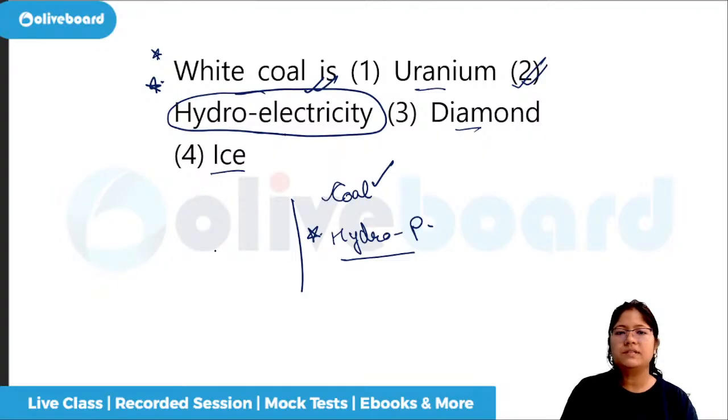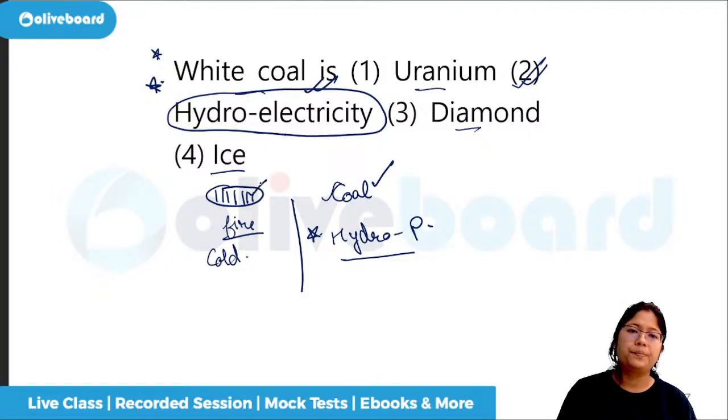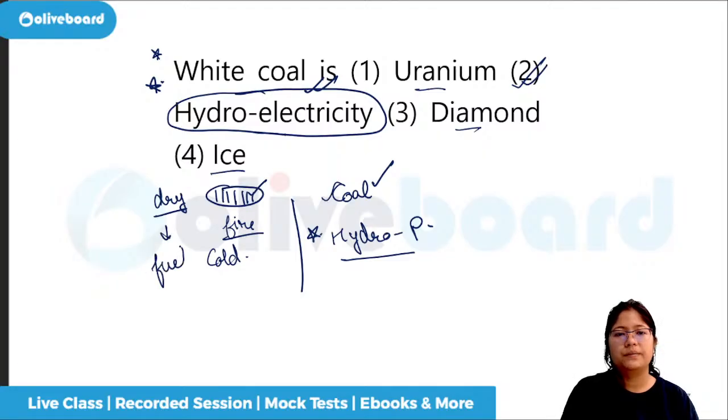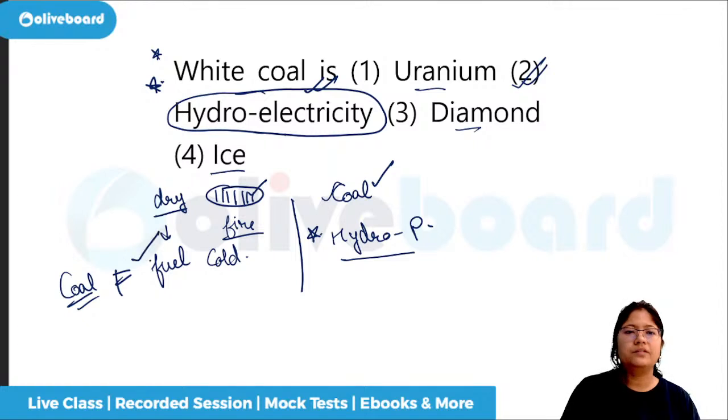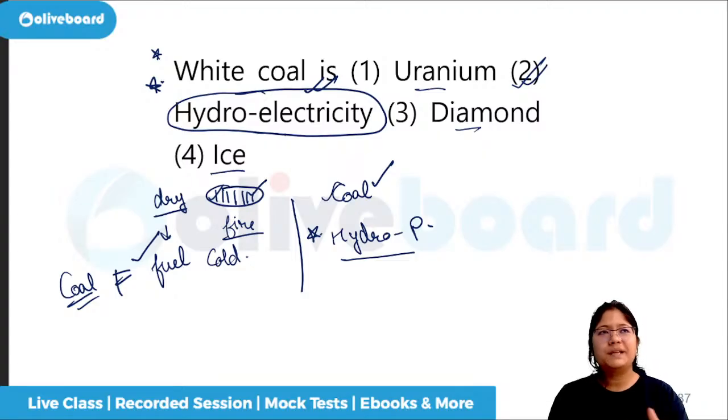Another way of understanding this, if this set of options is not there: you may have seen in many cold regions, wherever the fireplace is, on top of that they will put logs so that they are dried up, because if they are dried up this will be used as a better fuel. It will not be as good as coal, but it is still a better fuel than other forms because it is already dried up on top of their fireplace. In some places they use it to dry food as well.